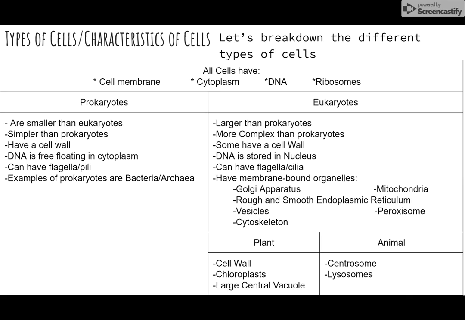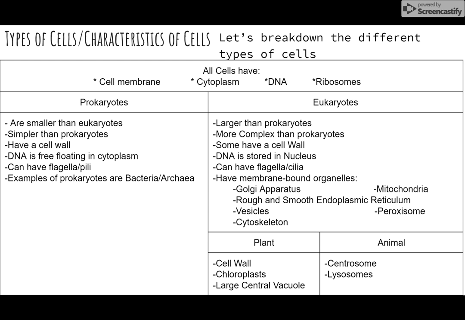We can further divide eukaryotes into different categories as well. The ones that we're going to focus on are plant and animal. There are also protists and fungi, but we're going to focus on plant and animal cells. And they each have distinguishing characteristics, specifically organelles that distinguish them. Plant cells have a cell wall.